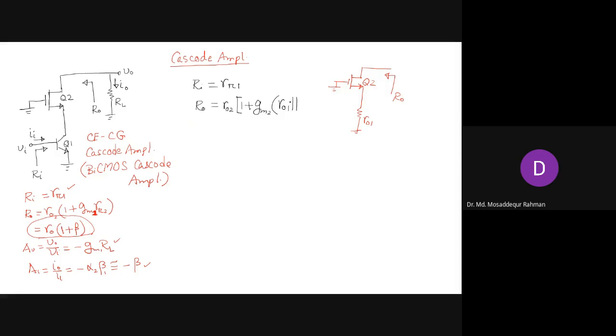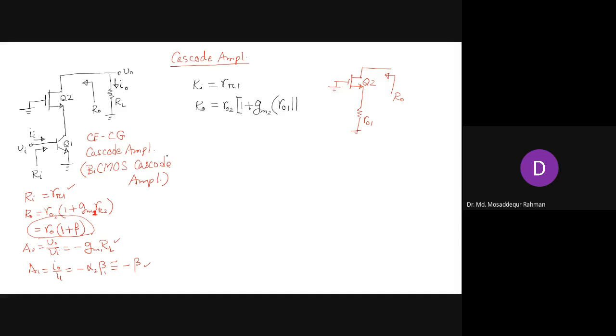Now, in parallel with what? Sir, 1 by Gm. 1 by Gm for the common emitter case, right? Not common, for transistors.